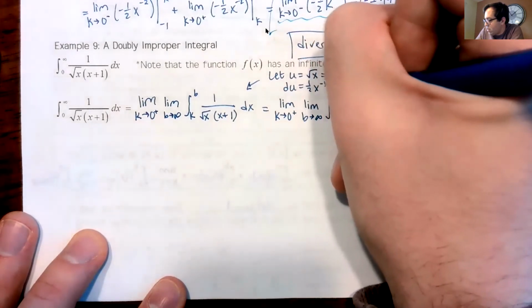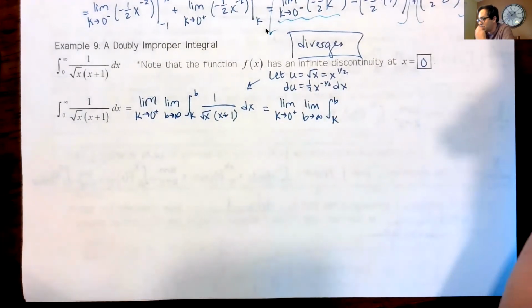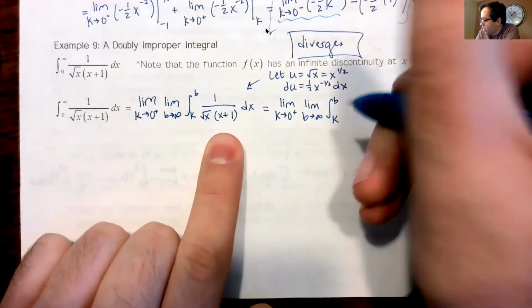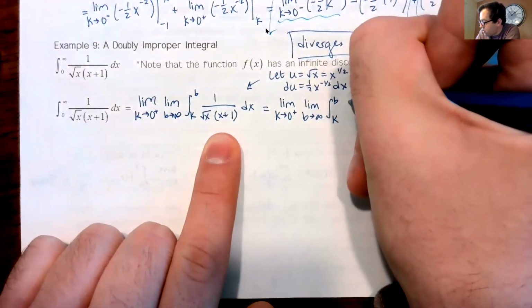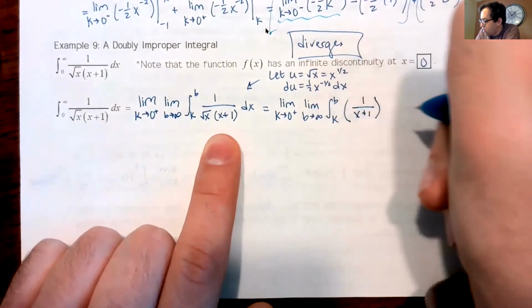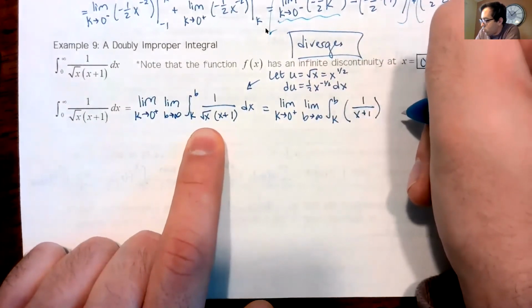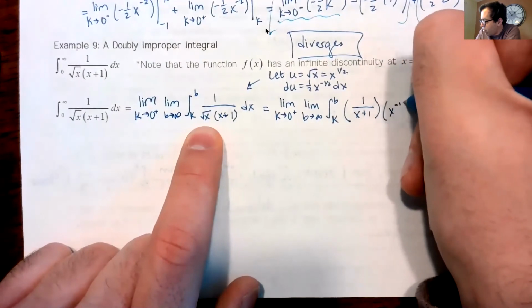From k to b. And let's see. I'm going to rewrite this first part as 1 over x plus 1. And then 1 over the square root of x, I could rewrite as x to the negative 1/2.